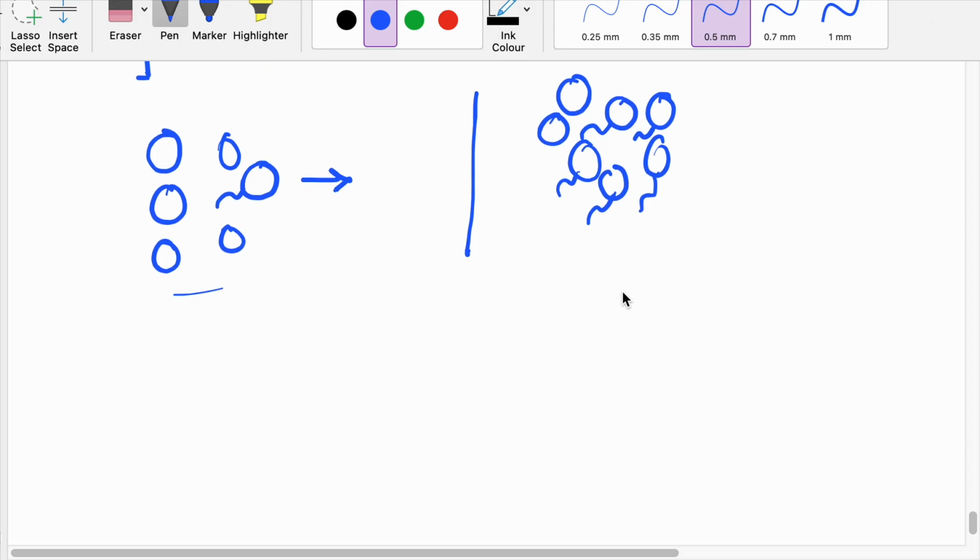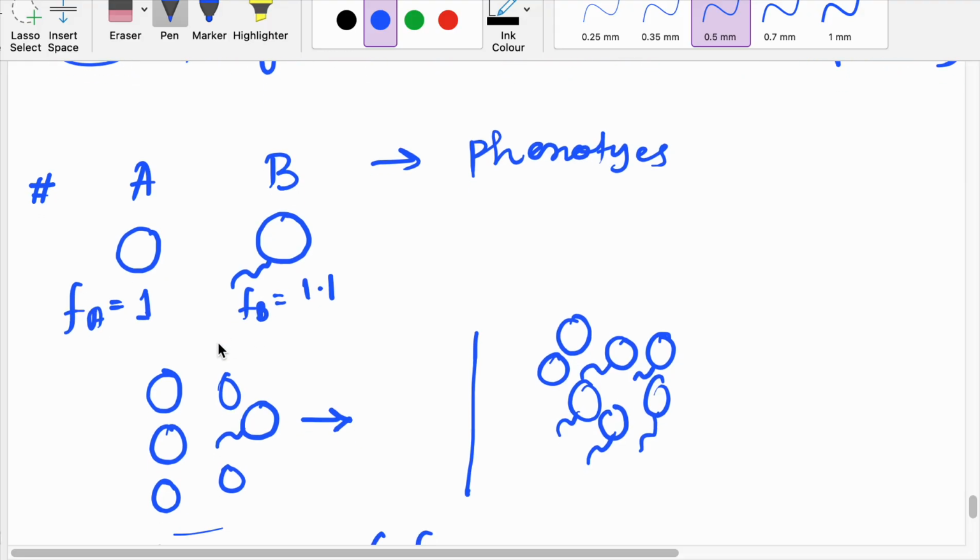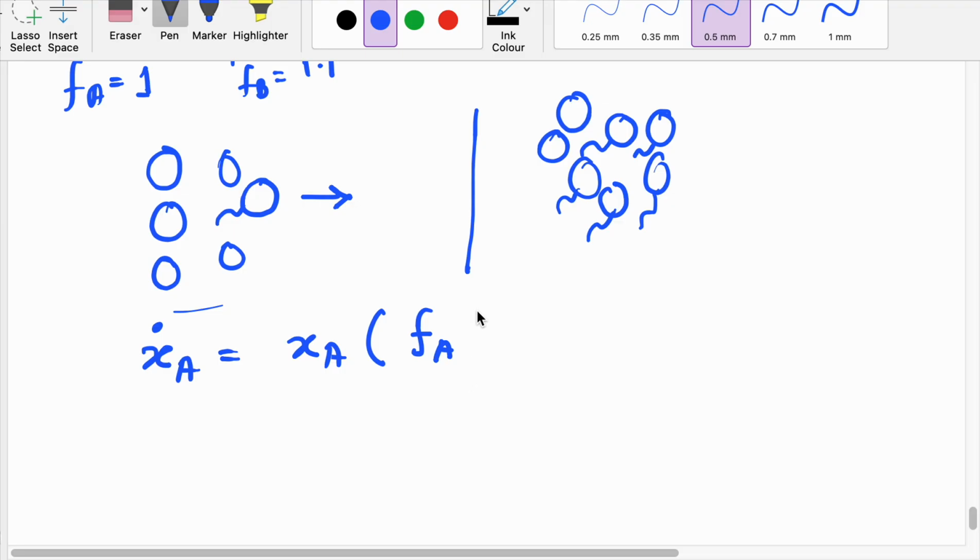So as you are suggesting, if I stay in the regime of the previous lectures, we could write in principle an equation: xa dot equals xa times fa minus fitness, where previously the fitness was constant, but now it depends on the frequencies xa and xb.